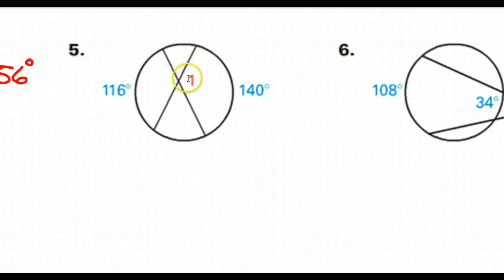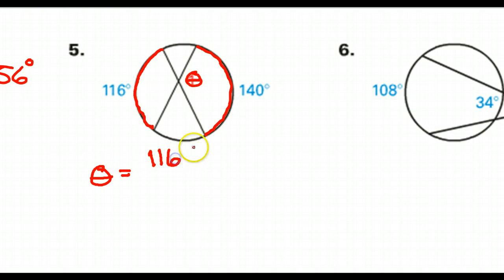So we're supposed to find this angle right here. I hope you don't mind, I'm going to go ahead and put a theta right there. That's what I'm trying to find. The two arcs that go with this are this arc and this arc right here. So just like the formula said, the angle should equal arc plus arc divided by 2.